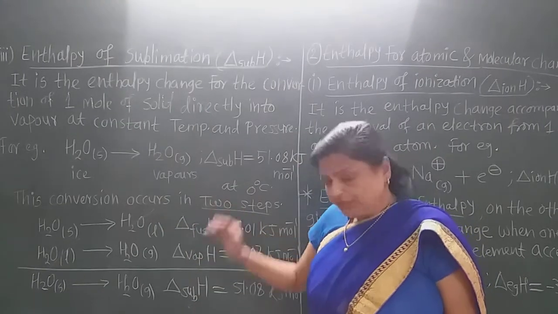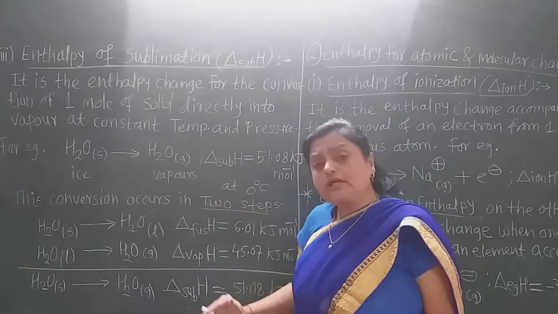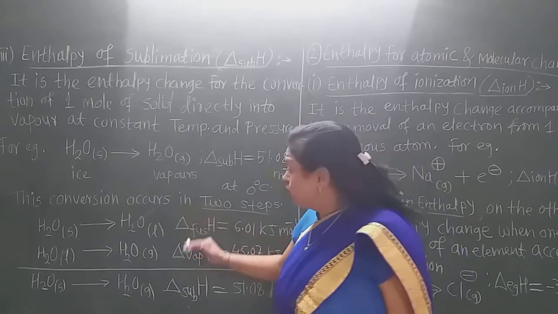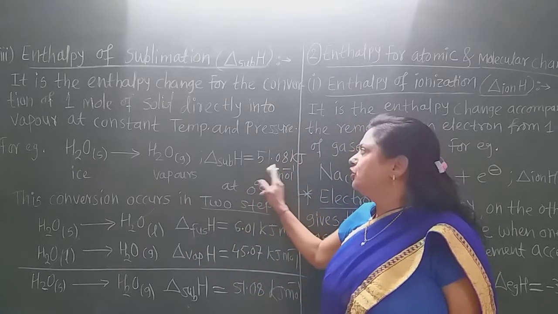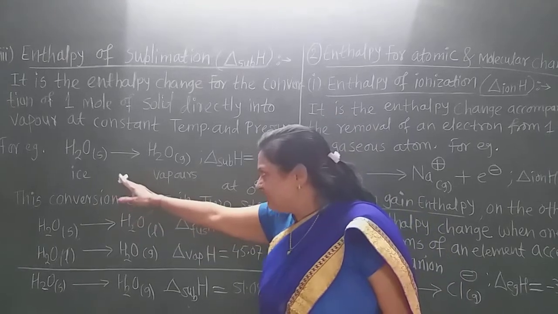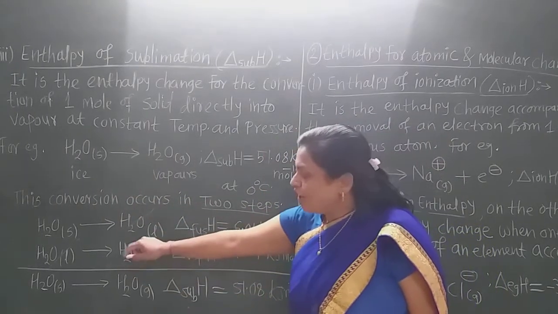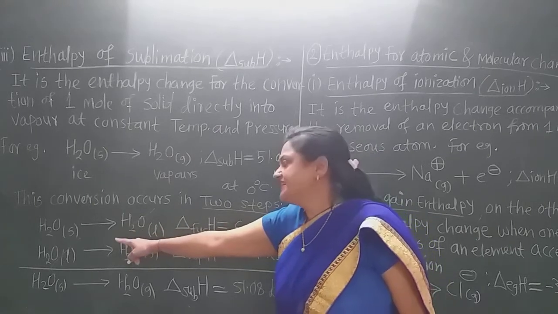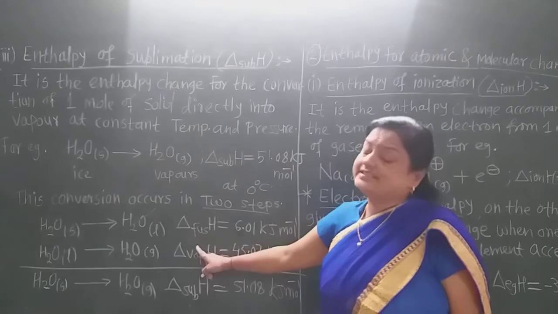Now if we do these 2 steps, the summation of the enthalpies of these 2 steps is the same as when we directly convert solid into gas. Let us see here: water in the solid state, that means 1 mole of ice, when converted into liquid water, what is that process?